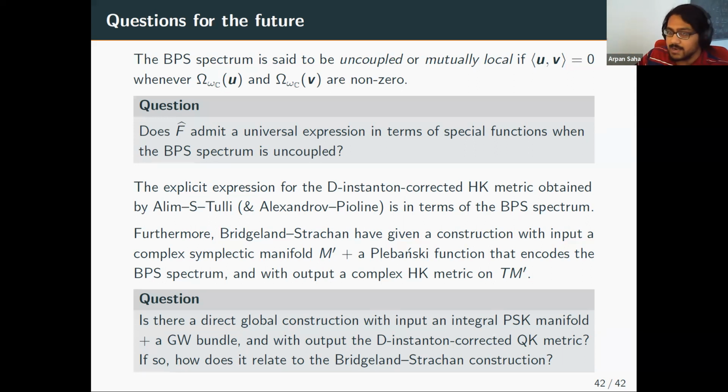And a very similar construction was given by Bridgeland and Strachan, but that was in a slightly different context. The input there was a complex symplectic manifold plus some Plebanski potential, which encoded the BPS spectrum. And so a natural question to ask is what is the relationship between these two constructions, if there is any? And we would like to understand that in the future. Yeah, so that's all I wanted to say for today. Thank you for your attention.